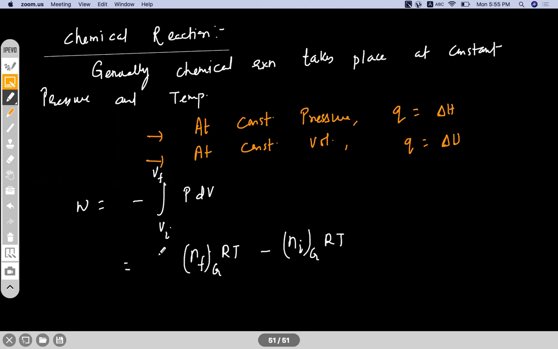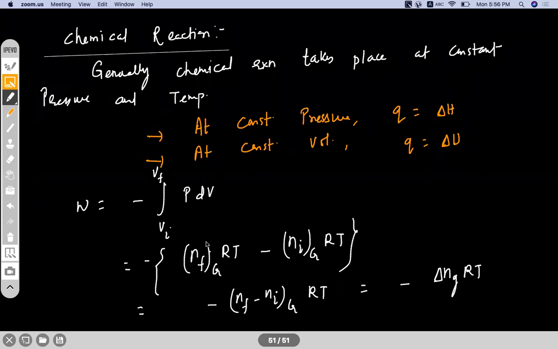So this would be equals to minus, one negative sign is already there. So this would be equals to minus nf minus ni for gases RT, which is equals to minus delta ng RT. PdV is minus delta ng RT.